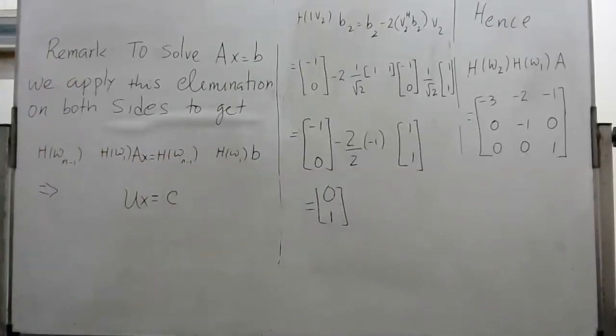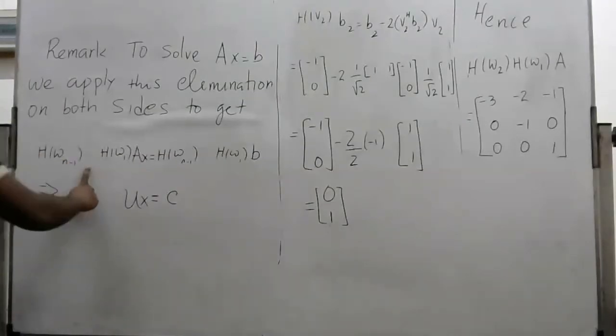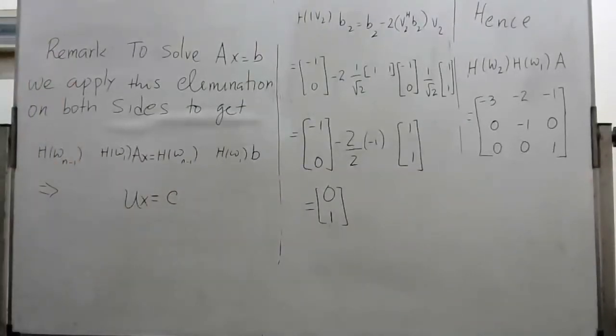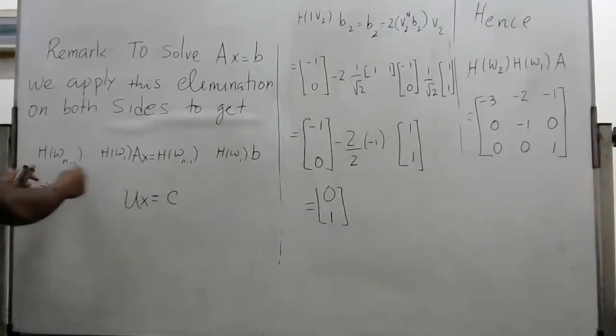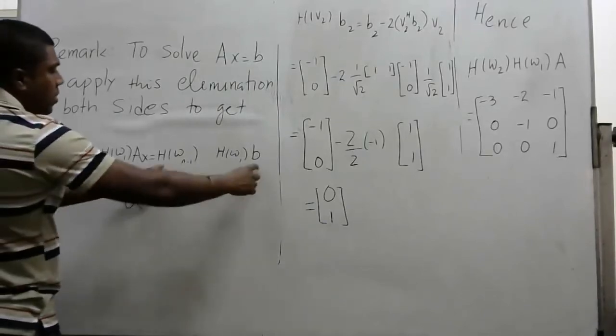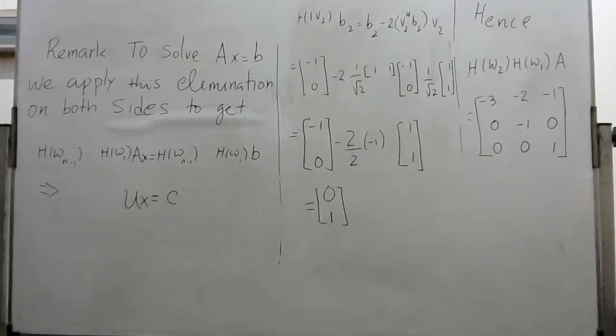And then in the next step you multiply by H omega 2 with this, and at the same time with b. If you continue doing this, at the end of the multiplications of n minus 1 elementary Hermitian matrices, you get an upper triangular matrix, and x is equal to some new column vector C.